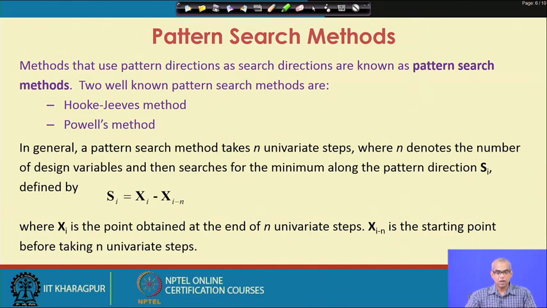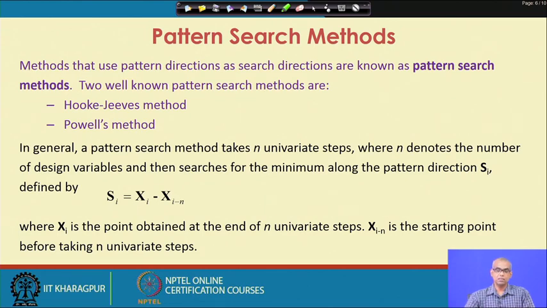In general, a pattern search method takes n univariate steps, where n denotes the number of design variables or decision variables in the objective function, and then searches for the minimum along the pattern direction S_i. We can define S_i as x_i minus x_(i-n), where x_i is the point obtained at the end of n univariate steps. x_(i-n) is the starting point before taking n univariate steps.